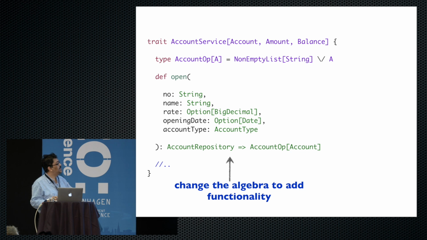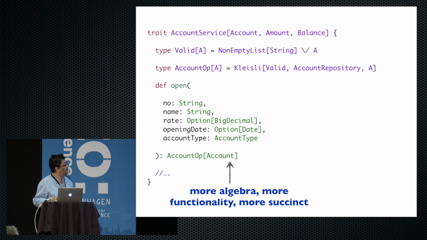Now, it so happens that the type that we discussed here, account repository to account OP account, has a name. This type is isomorphic to what we call a Kleisli operator. A Kleisli is an algebra which gives us the ability to compose effectful functions, and this is an effectful function.